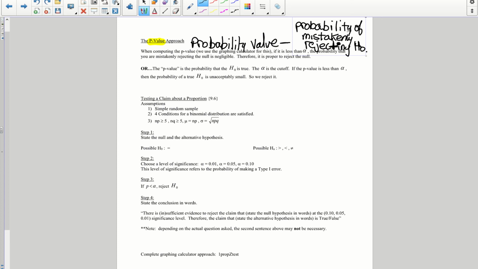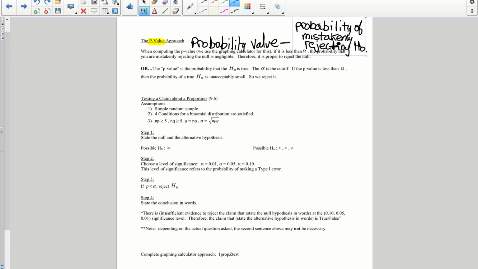A simpler way of saying it would be, and this is actually not correct, but it's simple and it gets the job done, you could say the probability that the null hypothesis is true, but that's not really what it is.